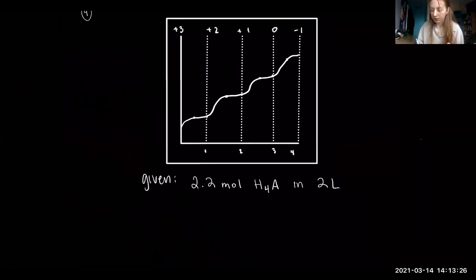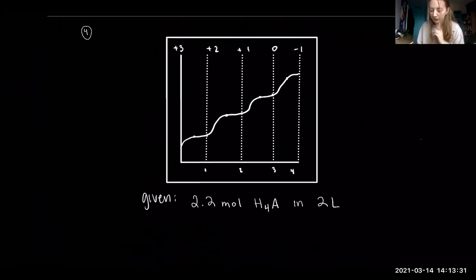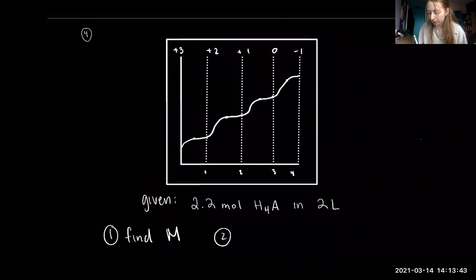And so all we need to do is, because we don't have the Ka values for this, but the first step would just be to find the molarity, like normal, and then do a regular weak acid calculation using the Ka, which we don't have, to find the H plus concentration. Okay, and then with that you can find the pH. Okay, so that seemed good.